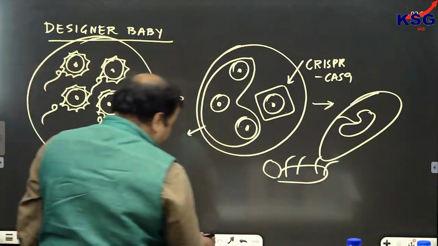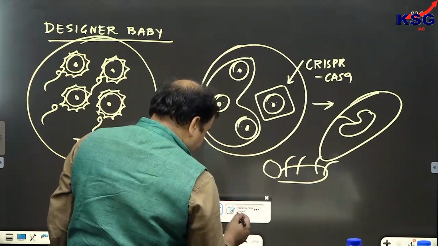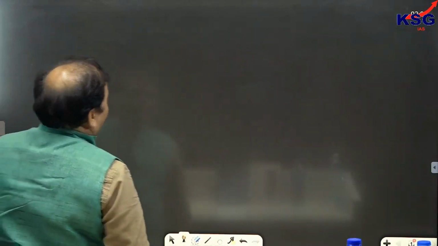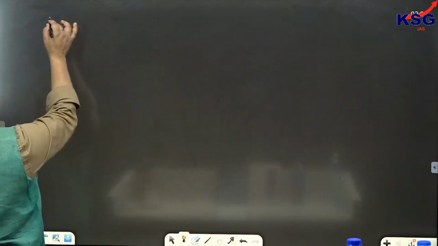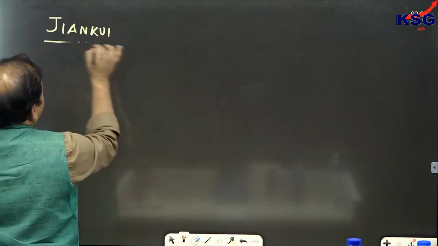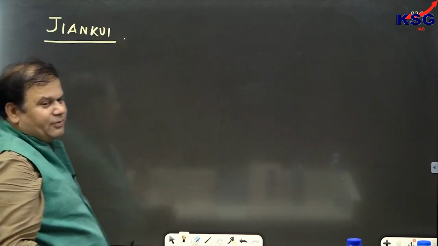Also we can see that there was a Chinese scientist, his name was Jian. So Jian was responsible for what?